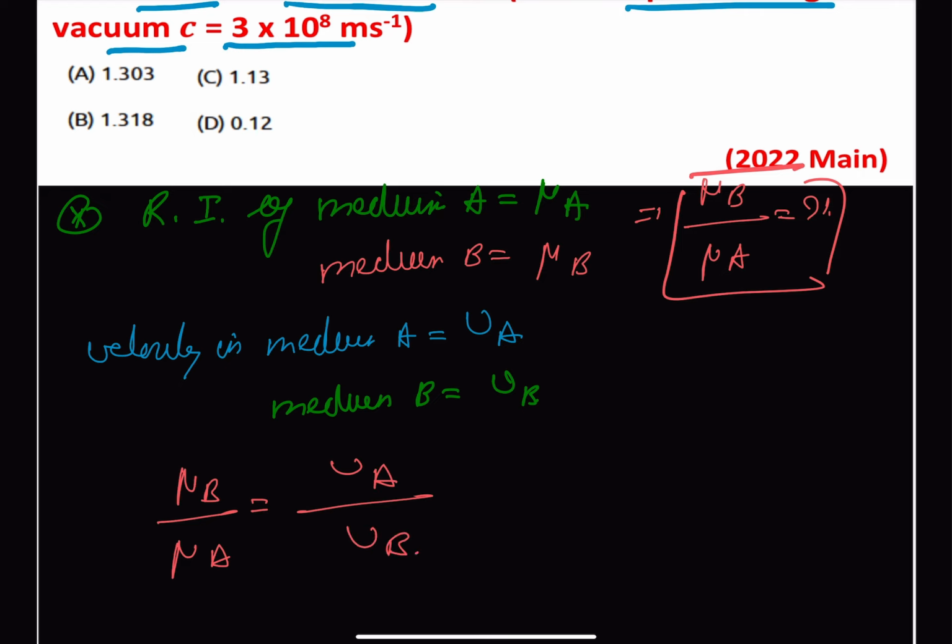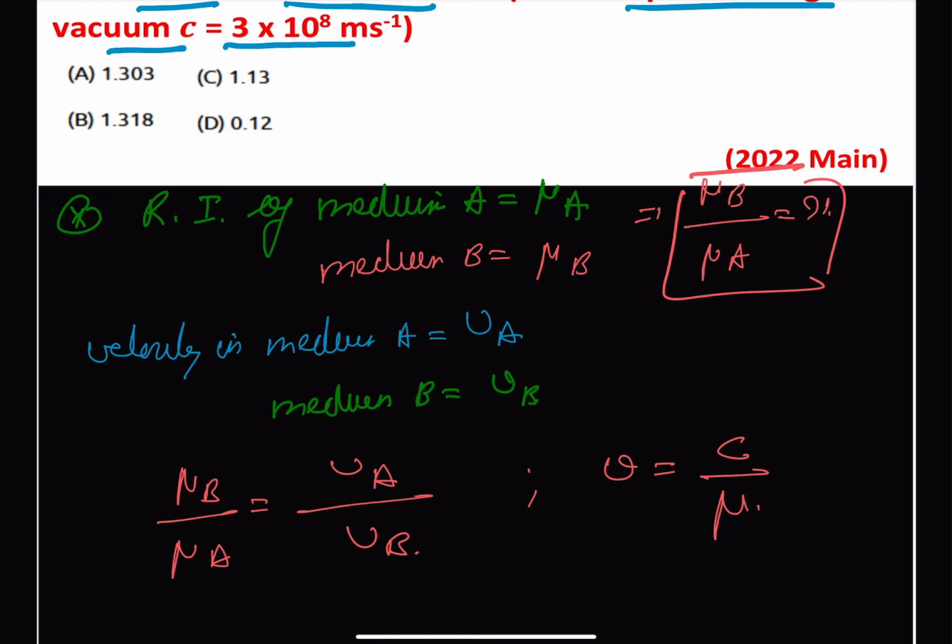So it means we need to find out our VA and VB, and we also know that velocity in any medium is equal to the speed of light in the vacuum divided by the respective refractive index.